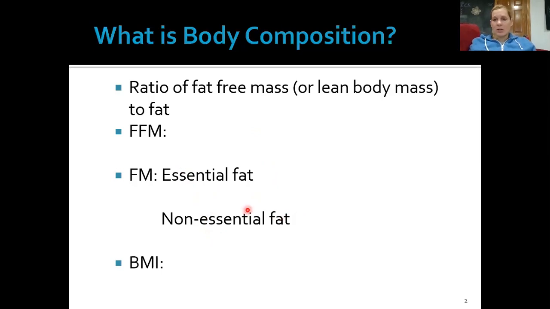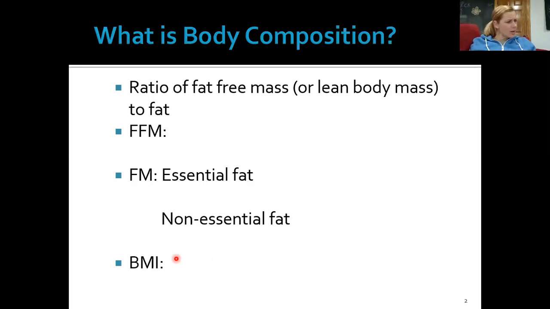Same thing for women: if you had a body fat percentage of 25, 12 of that is essential and 13 of that is non-essential, meaning that 13% we could live without any issues if we didn't have that, essentially.